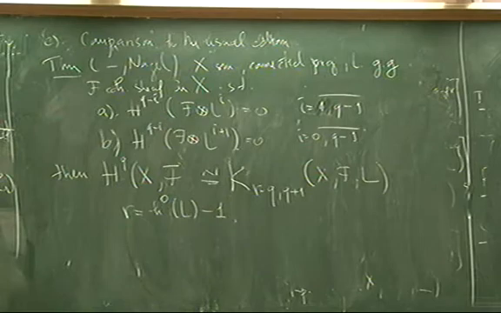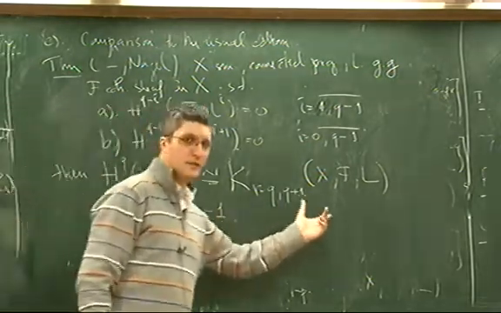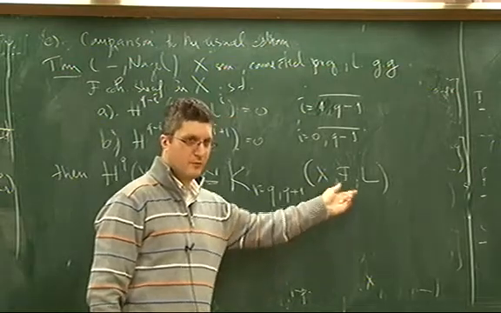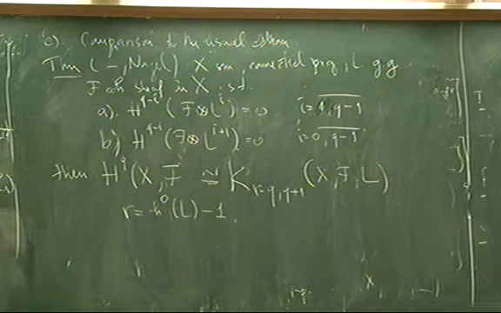So we can actually recover the usual cohomology of any coherent sheaf from this twisted Koszul cohomology with values in some sufficiently positive bundle.